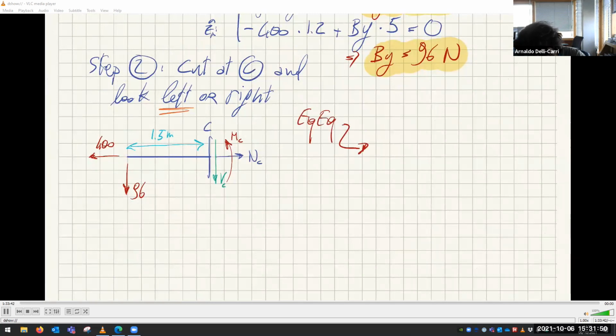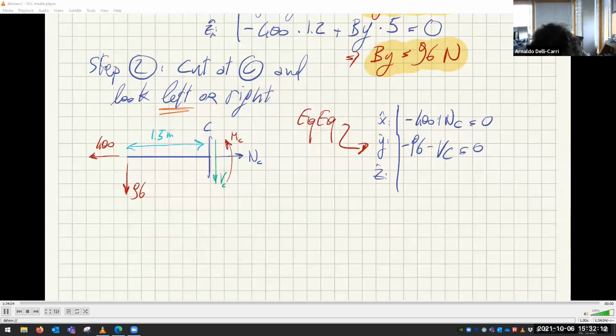Meaning we have X, Y, and Z. And the first equation is minus 400 plus NC equals 0. And the second equation is minus 96 minus VC equals 0. And the last equation is MC. So let me put this in green.